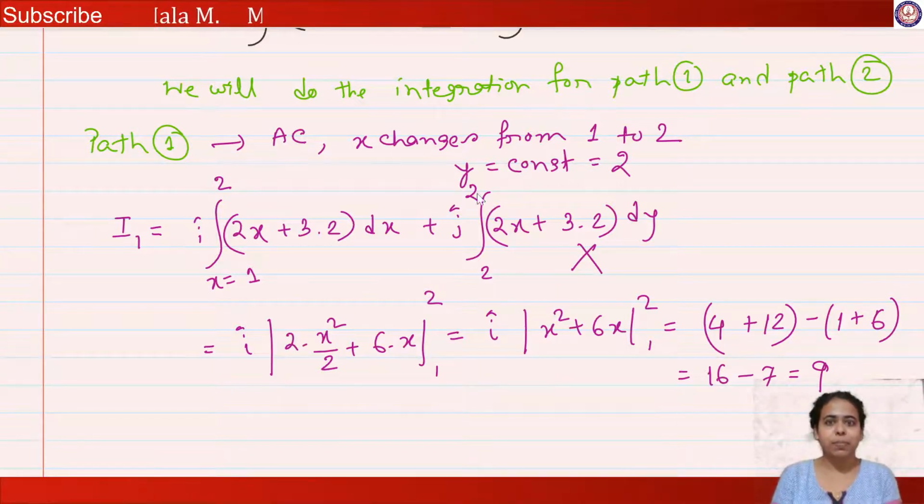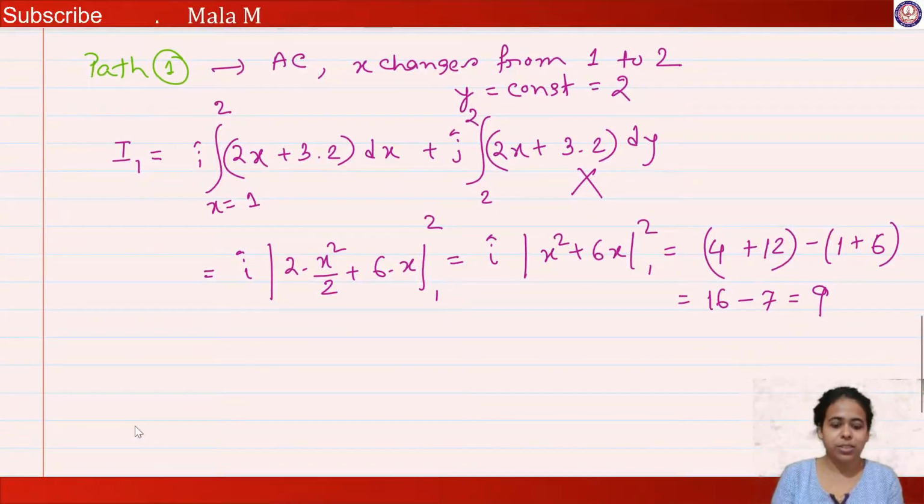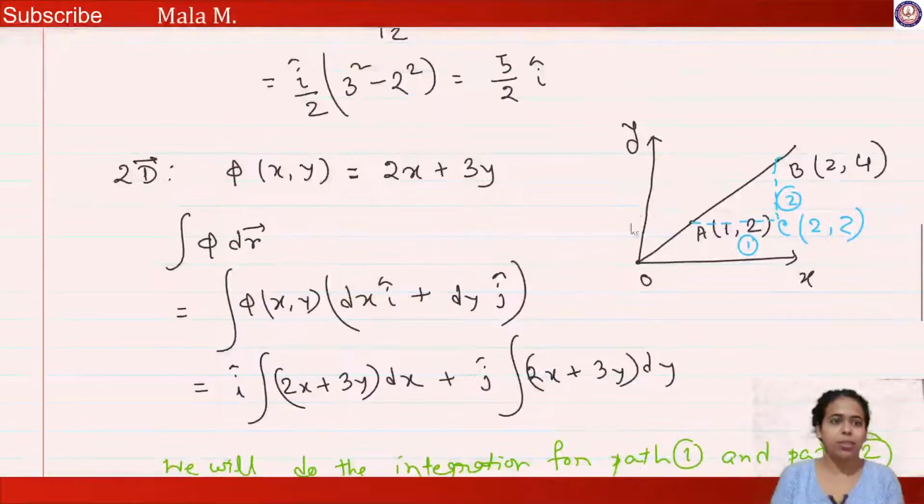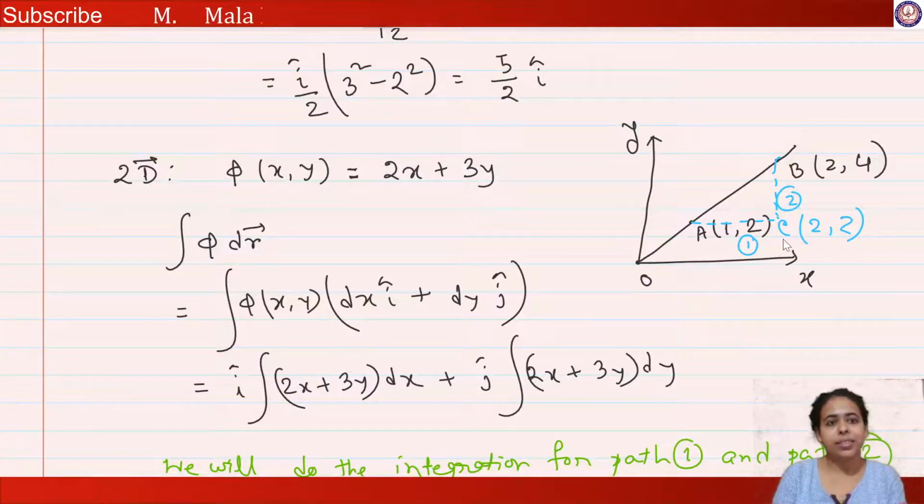So what is our path 2? As you can see, our path 2 is from C to B, where y is changing but x is constant.